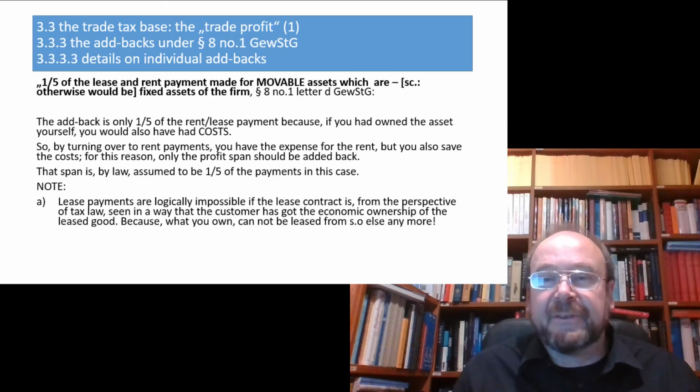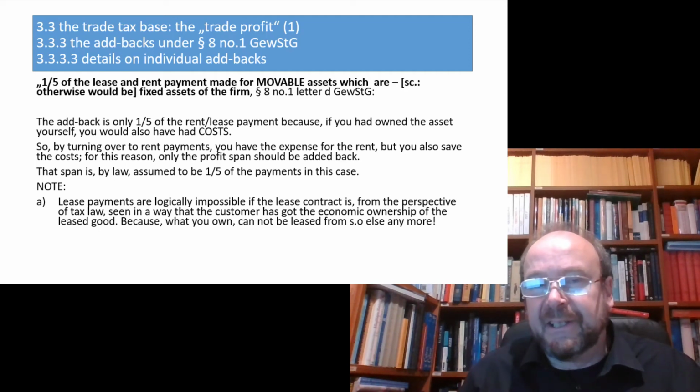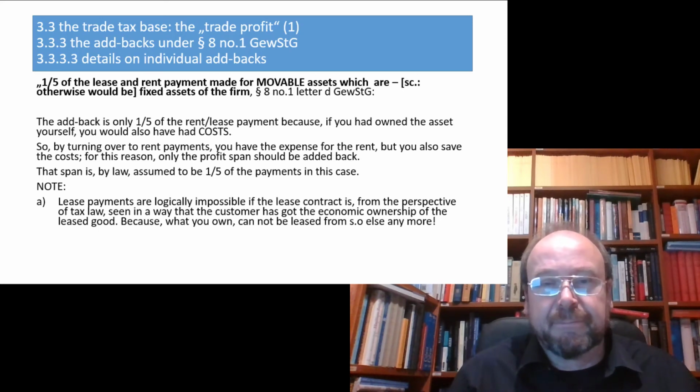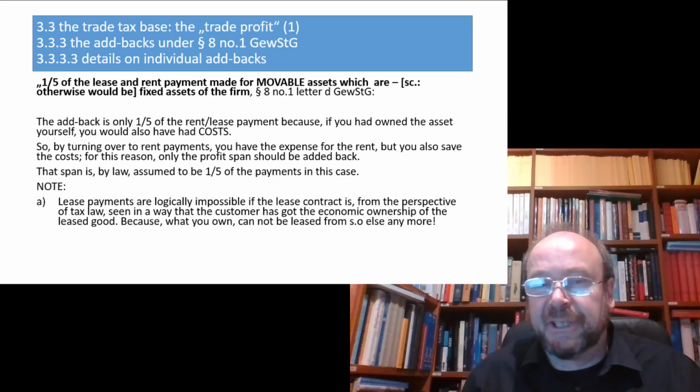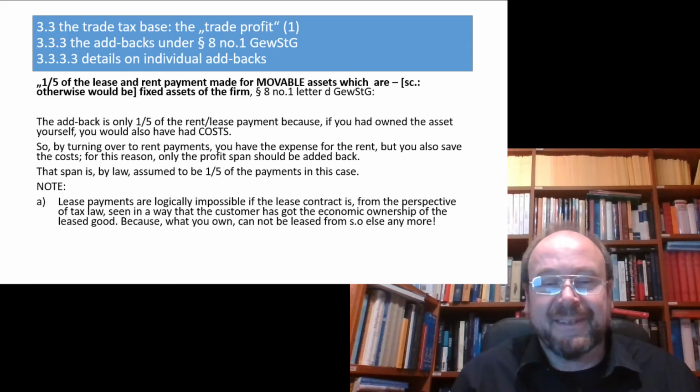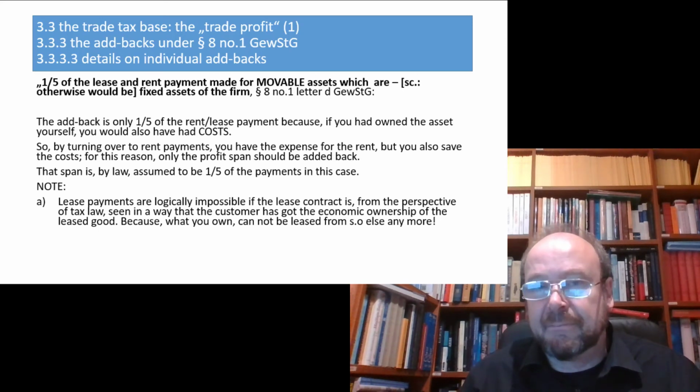If the lease contract is by tax law regarded as a covered purchase contract, and if the lessee, I believe the guy who leases the stuff, who takes it, so if your farm is regarded as the economic owner, and if the thing is qualified for tax purposes as a purchase contract with paying out the price in installments, then there can be no lease and rent payments for trade tax.